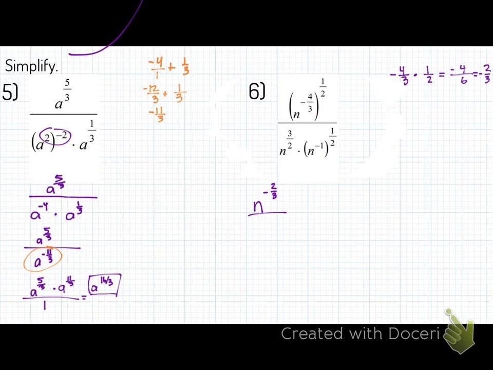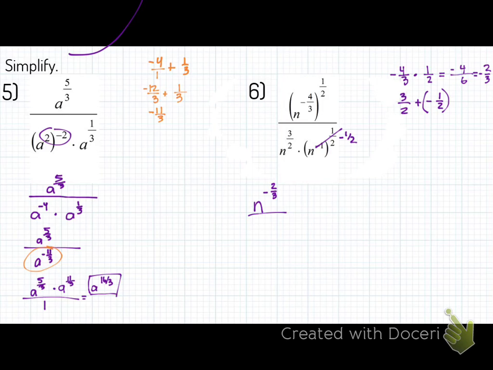What's negative 1 times 1/2? Good, so we could say this is like negative 1/2, right? You see that? What do I do with my exponents if we have bases that are being multiplied? What do we do with 3/2 and negative 1/2? Add them, good. So we're going to take 3/2, add negative 1/2, okay?